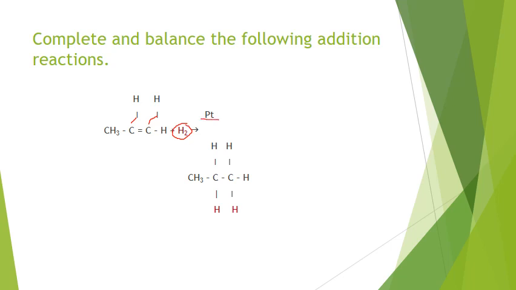The double bond goes away and is replaced by hydrogens, and so you get this here. So what you've done is added the hydrogens. You replace the double bond with two hydrogens.